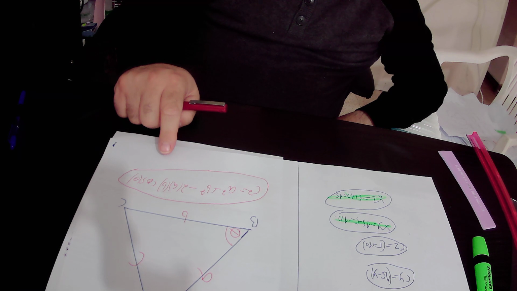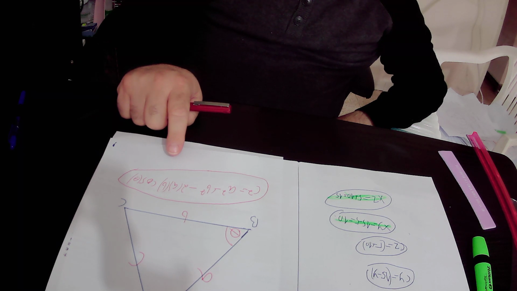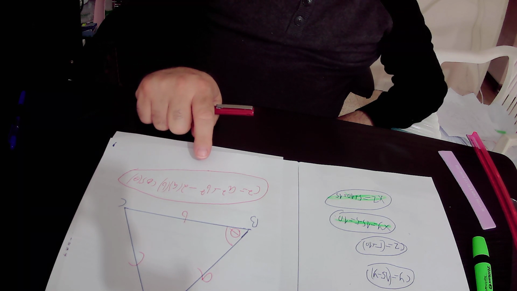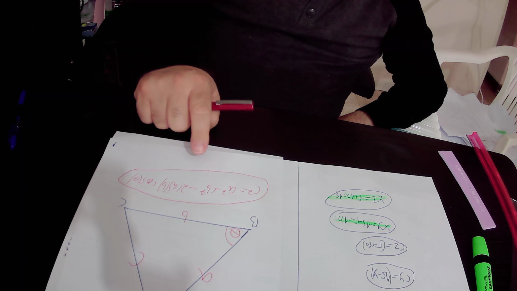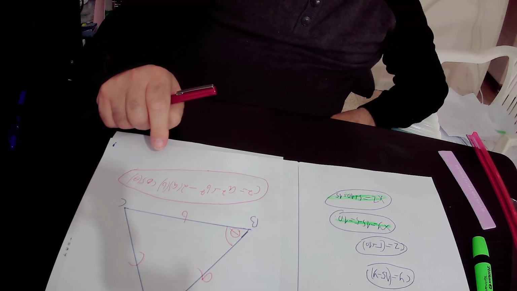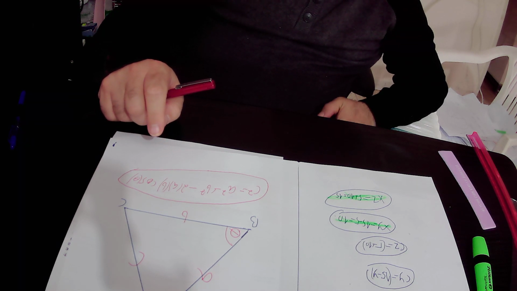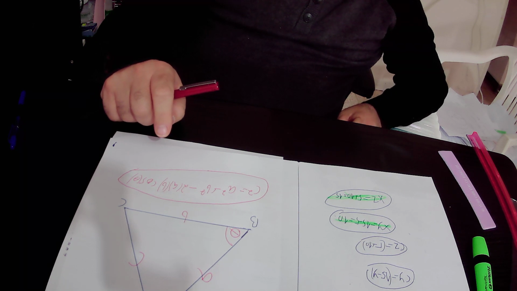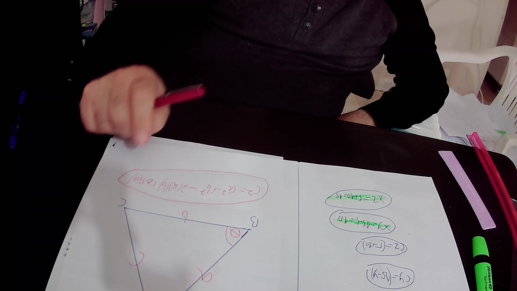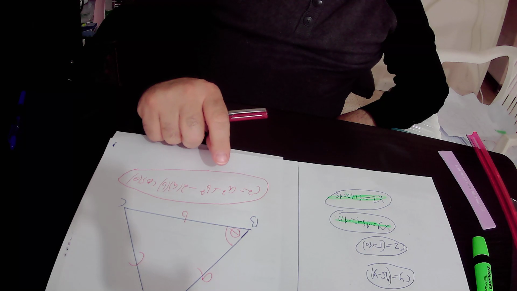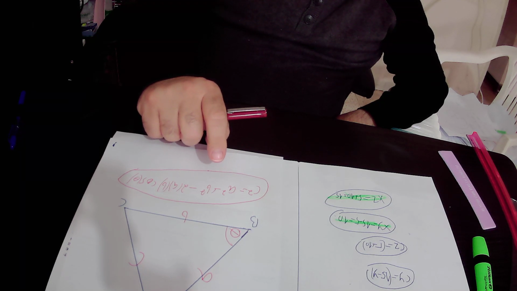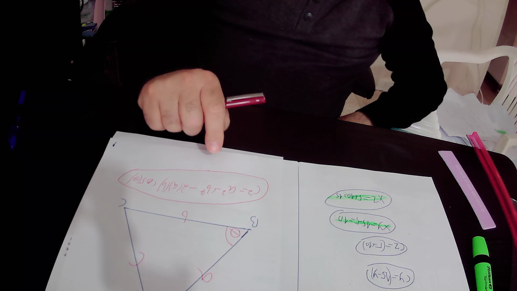So what is left from this formula is that c squared equals a squared plus b squared, and this is exactly the Pythagoras theorem, that the square of the hypotenuse equals the sum of the squares of the perpendiculars. In conclusion, the Pythagoras theorem is a special case of the law of cosines when angle theta is equal to 90 degrees, and then triangle ABC will be a right triangle.